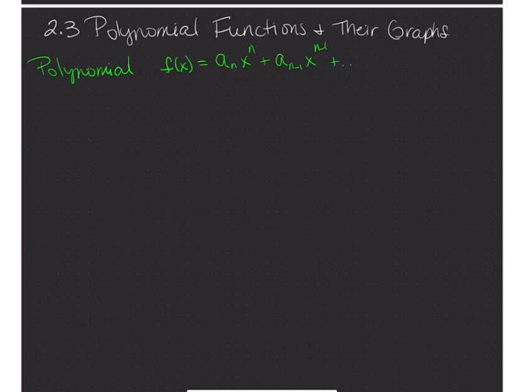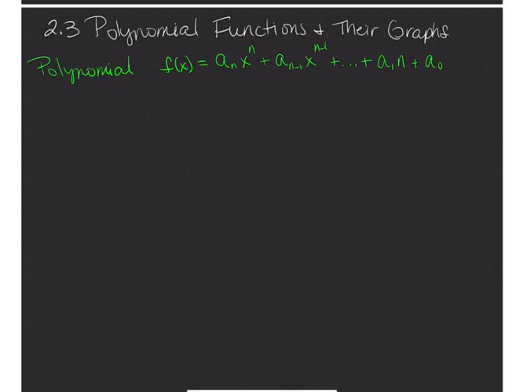And we'd continue with this type of notation until we got to a sub 1 x plus a sub 0, right? And you're like, what is all that craziness, right?